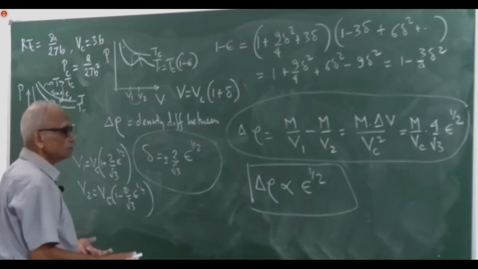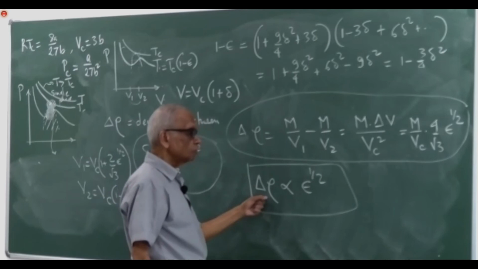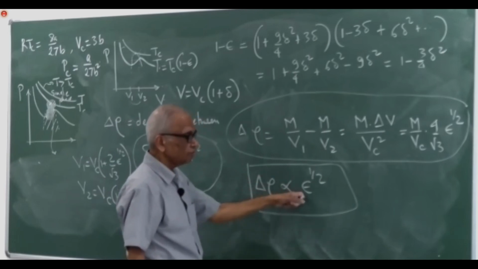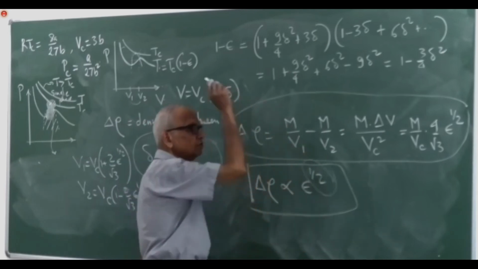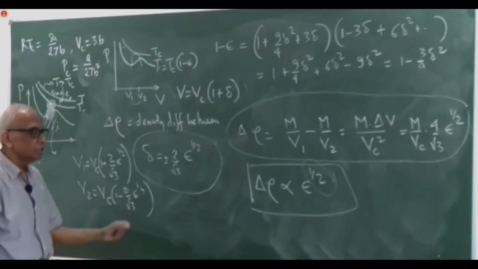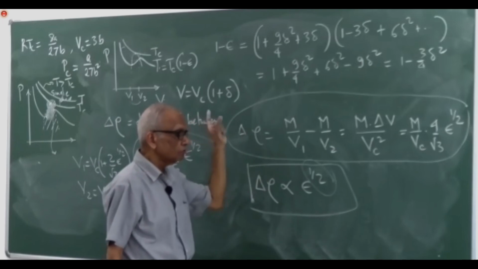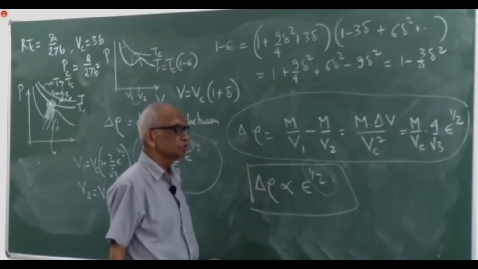Does not matter what liquid you are doing the experiment with. If this is what you measure as a function of this number, it will always be half. So just as with the susceptibility, the exponent was always 1 there, it is always half over here.